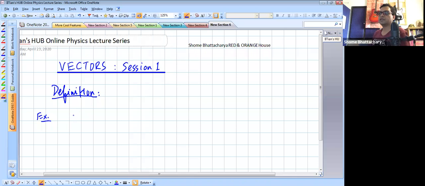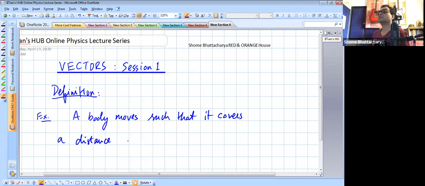Suppose a body or a person or whatever moves such that it covers a distance, let's say d1, of 12 kilometers and a displacement, let's say s1, of 8 kilometers.